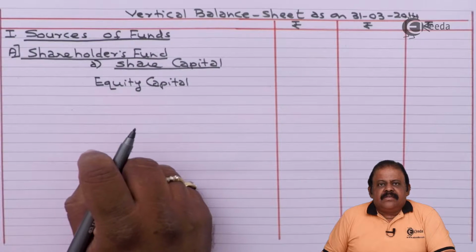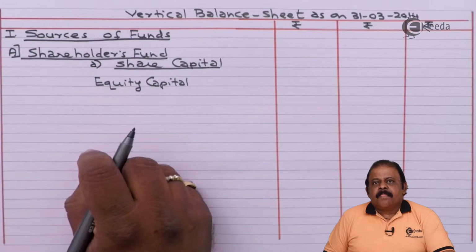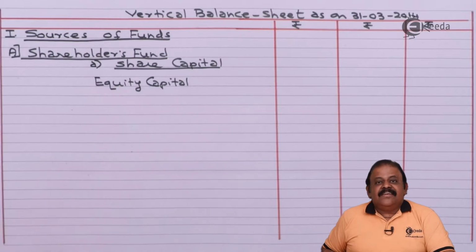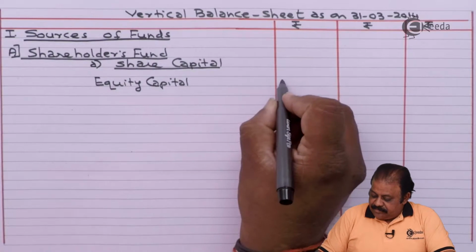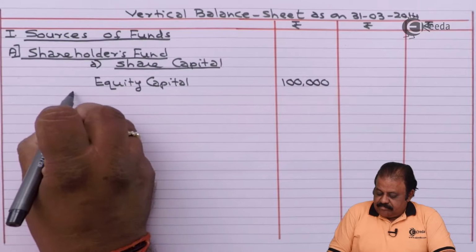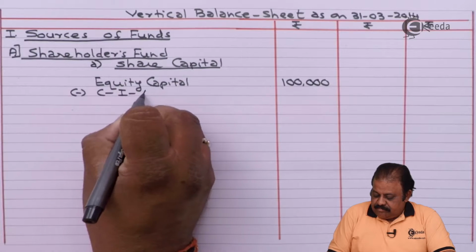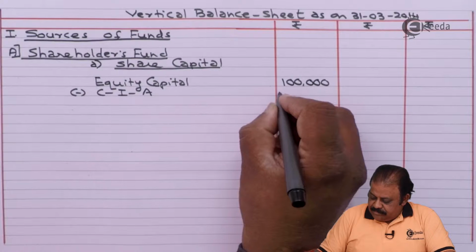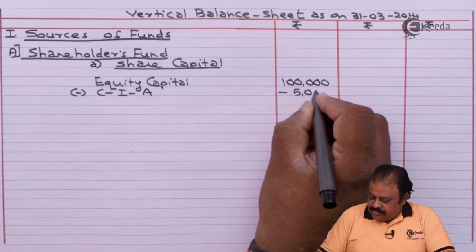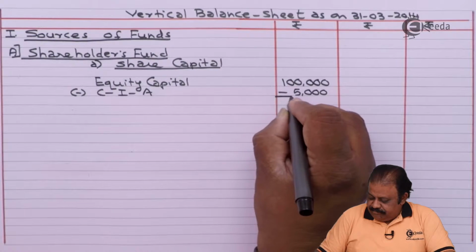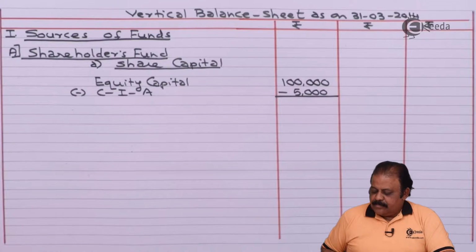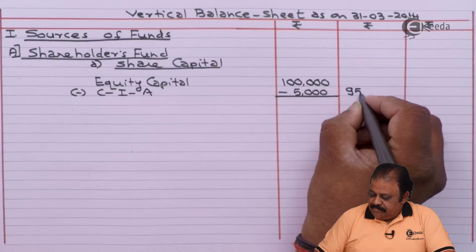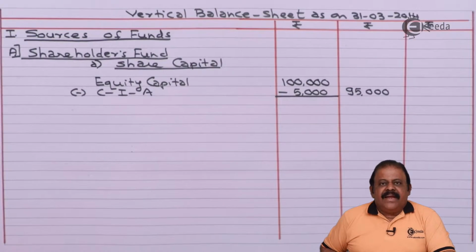Equity capital is rupees 1 lakh. Less calls in arrears on equity shares 5,000. So equity share capital paid up amount will be 95,000.